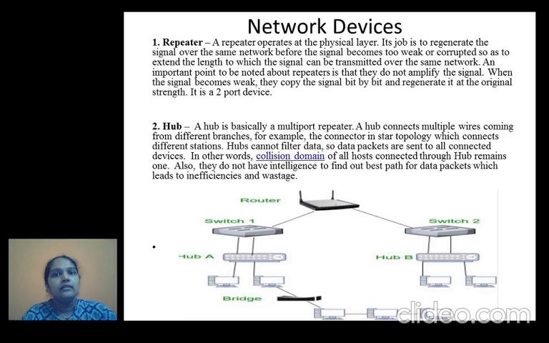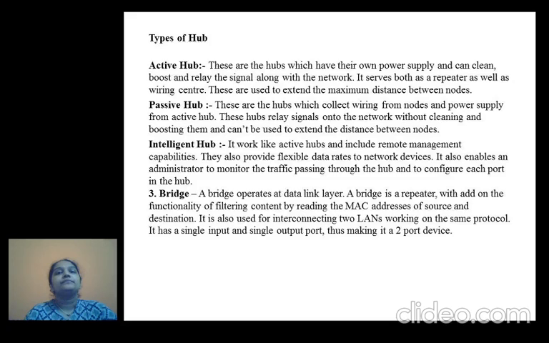Second device is the hub. A hub is the same as a repeater. It is also used in the physical layer. Second thing, a hub has 3 types: active hub, passive hub, and intelligent hub. Third is the bridge. A bridge is a data link layer device. It is like a repeater only.